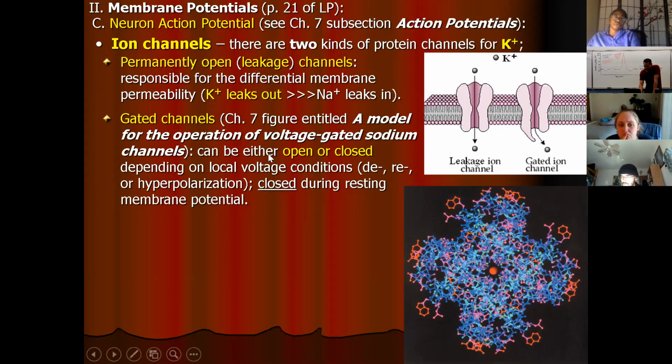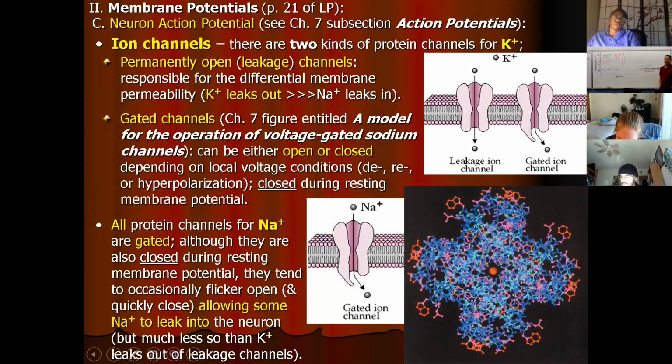Open pipes and gates, and this is sensitive to voltage. All the sodium channels are gated, and they have two different gates on it. They have a voltage sensitive gate, and they have an inactivation gate. And on these diagrams, one is here, and one is right here, right in the middle of it.